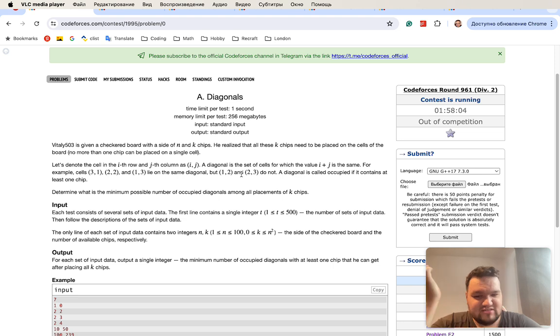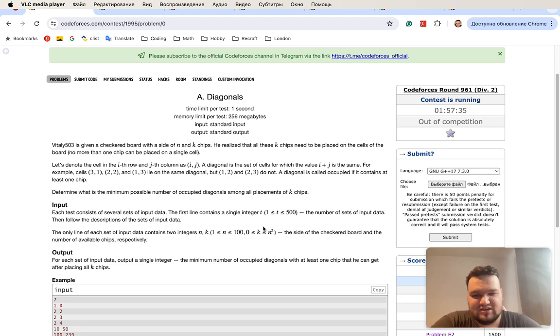take all the diagonals, sort them by the number of cells. You can even do it like on square time and find the answer, right? But we can probably do a bit better. We can say that there is one diagonal with n cells, and then two diagonals with n-1, n-2, n-3, and so on until there is one cell.